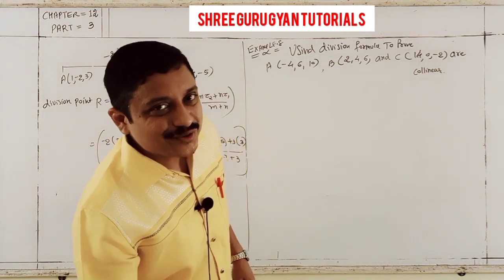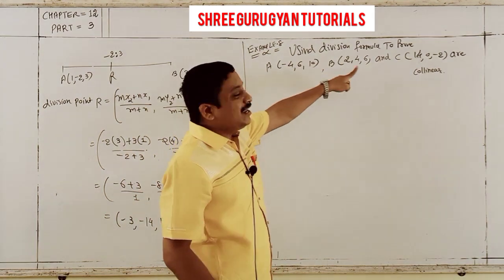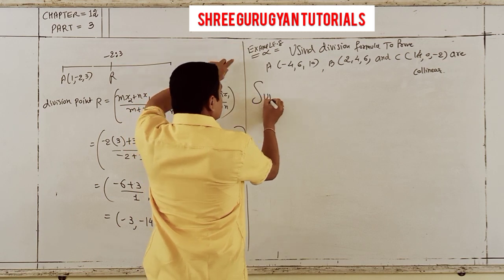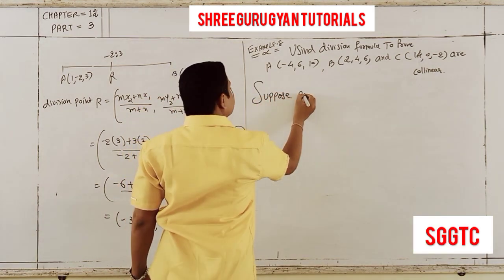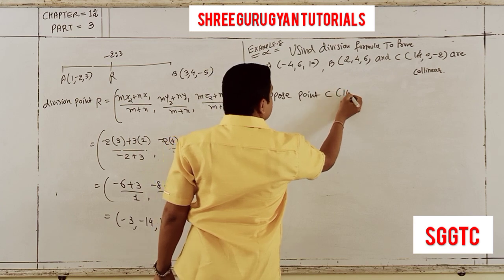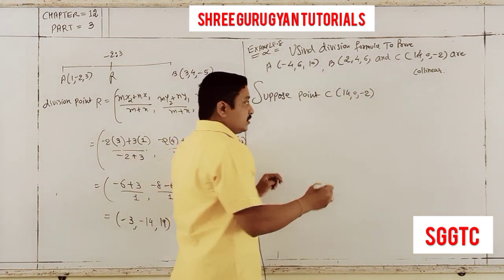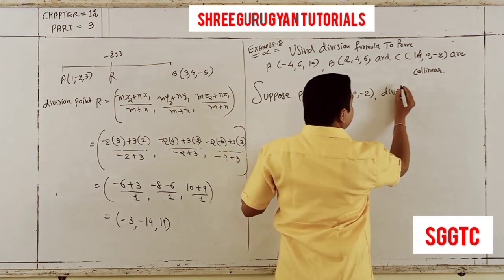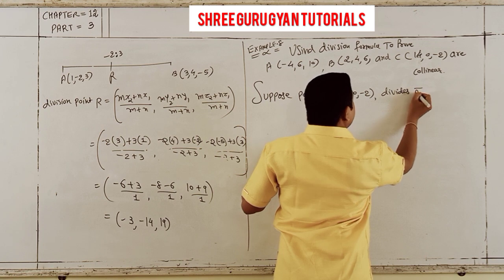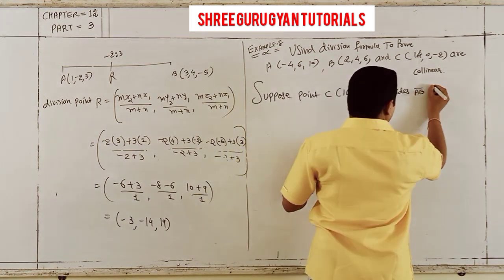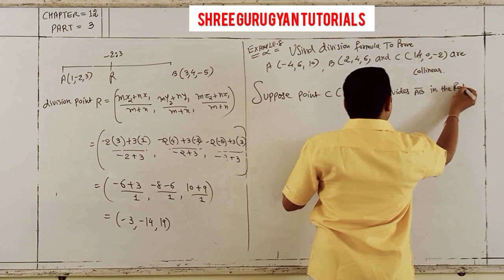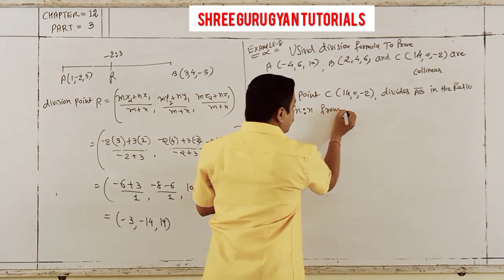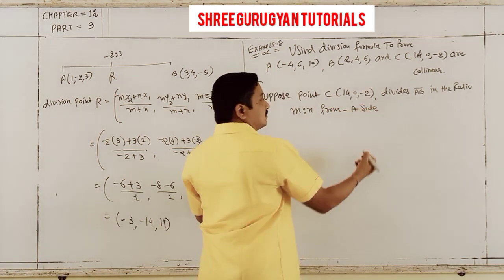It will be the same m/n ratio, and you consider any one point dividing the other two. Suppose point C, 14, 0, minus 2, divides segment AB in the ratio m/n from the A side.